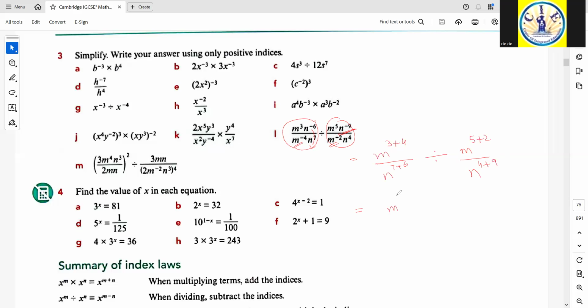Okay, now m raised to the power 7 divided by n raised to the power 13, divided by m raised to the power 7 n raised to the power 13.